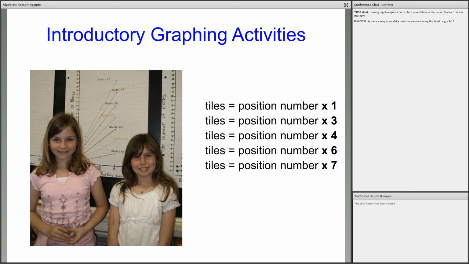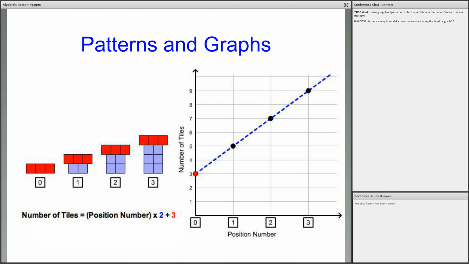So it's really concrete, and we have them leave their patterns so that they can make connections between the patterns they were building and the resulting lines on the graph. And then what we do is we have them build a 2-step rule, or a rule with a multiplier and a constant. We have them build position 0, and when they're constructing their graph, position 0 is put right on that vertical axis there.